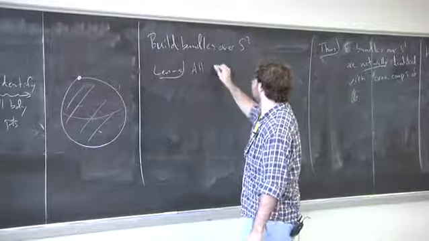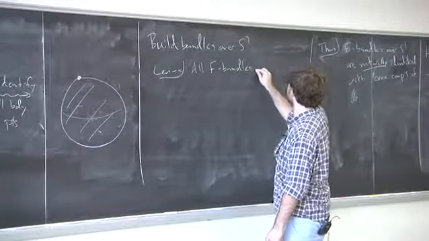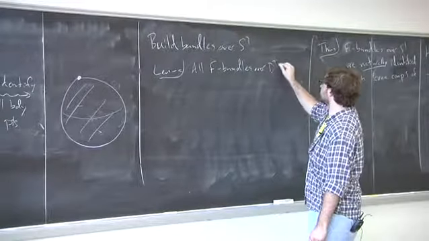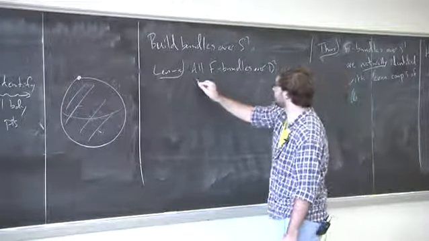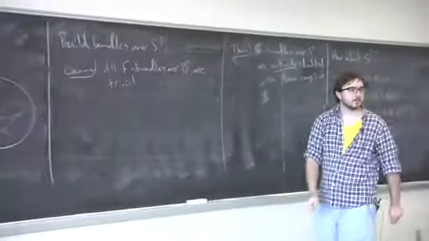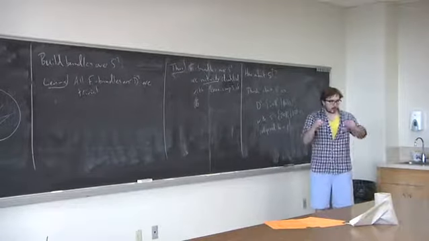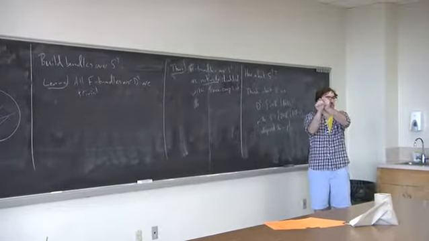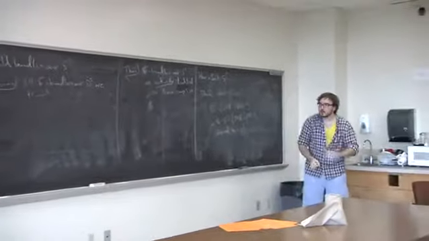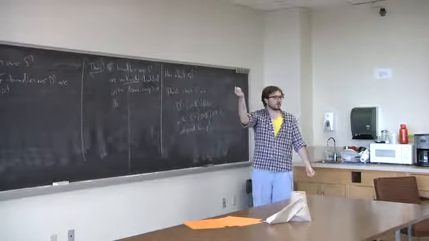So all F bundles over the two disk are trivial. Okay? So now all we have to do is worry about all the ways that we could potentially glue all of these fibers together to form the fiber at the North Pole. Okay? What's that going to be like?